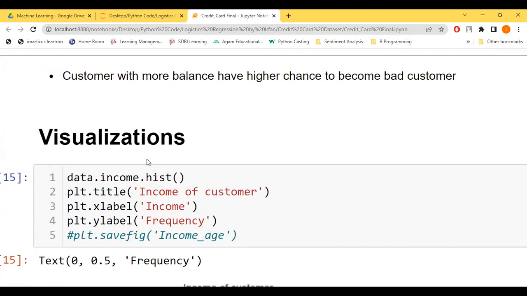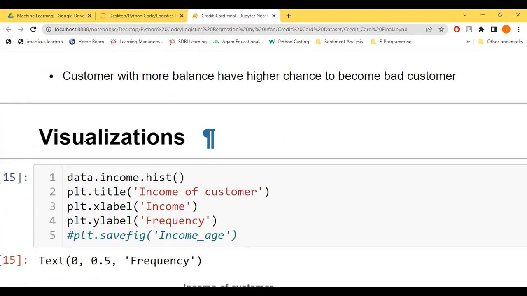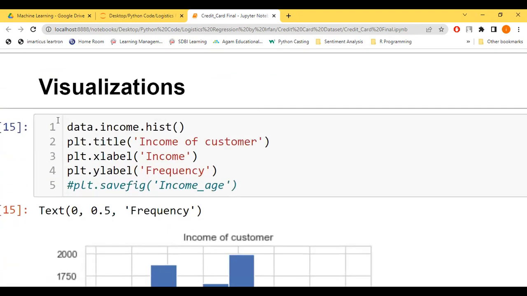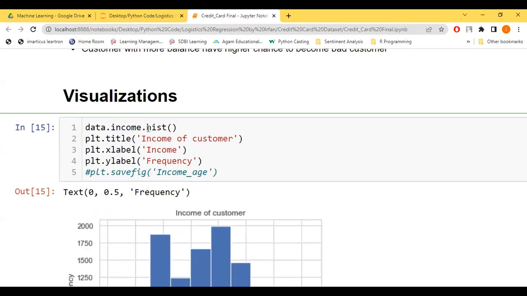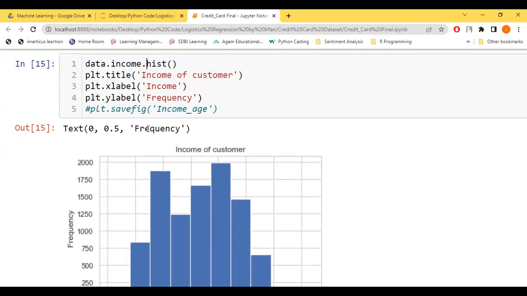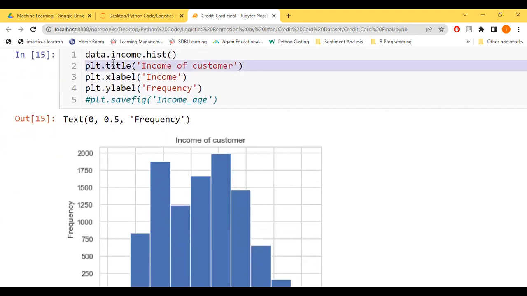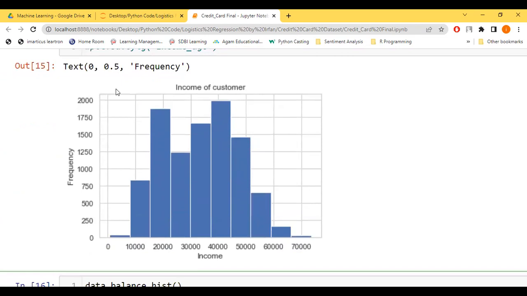Next, we'll move to data visualization. For data, column name income, I want to make a histogram, with title, X label name, and Y label name. Look at this. What shape does it look like, guys?